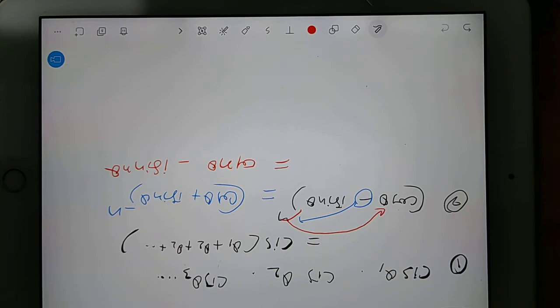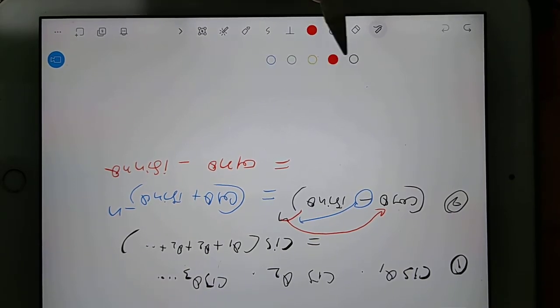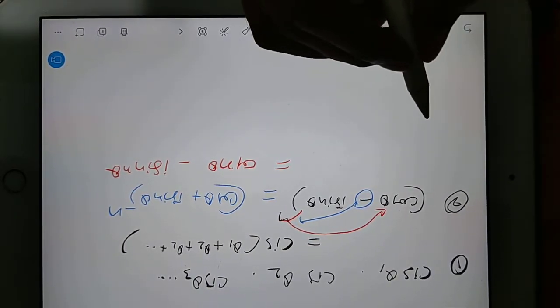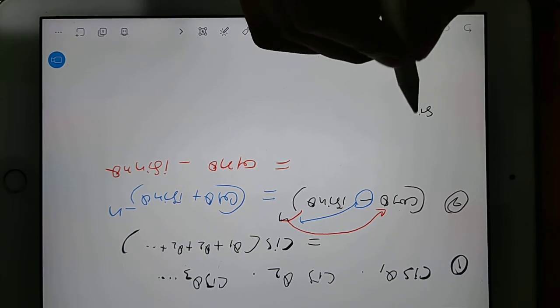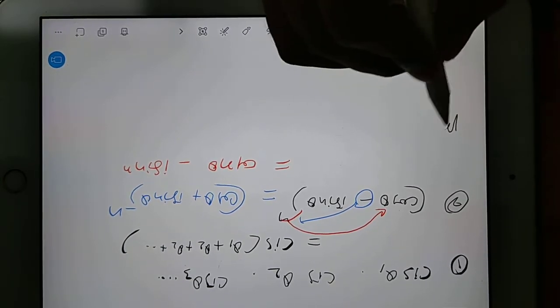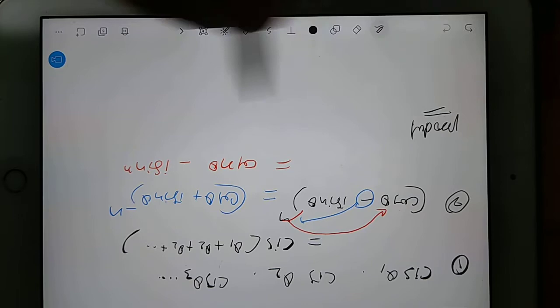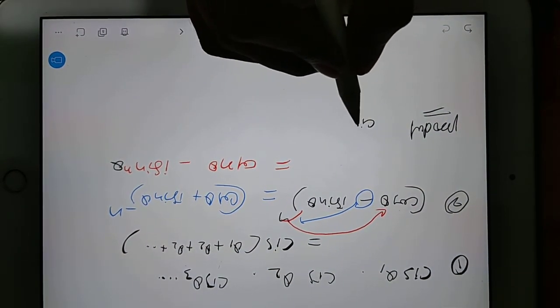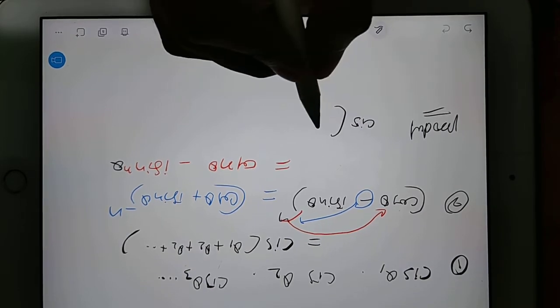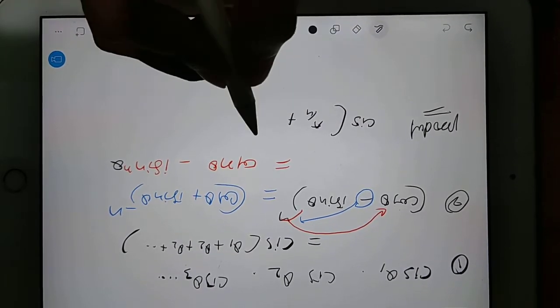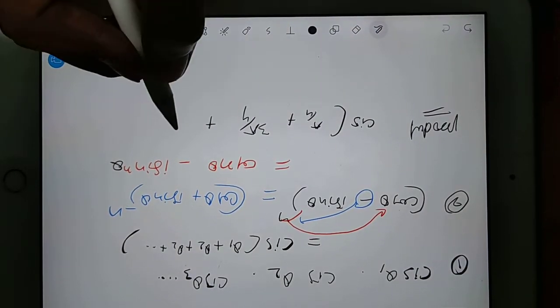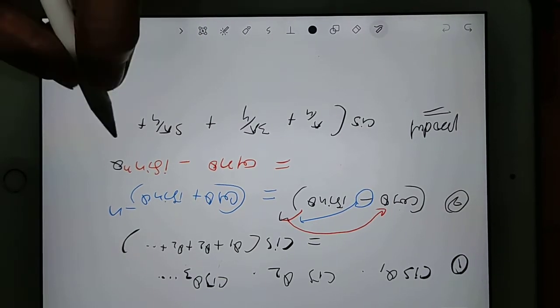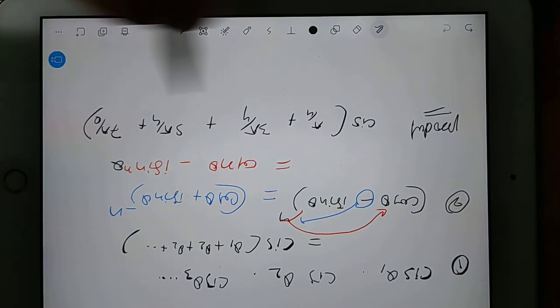Okay, so they have asked for the product of all the answers. So the product of all the answers is nothing but, now I'm going to find the product, cis of the sum of all the angles: pi by 4 plus 3 pi by 4 plus 5 pi by 4 plus 7 pi by 4.